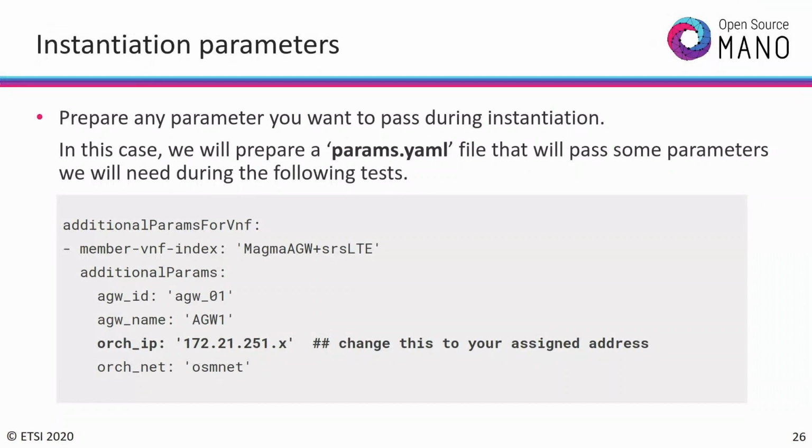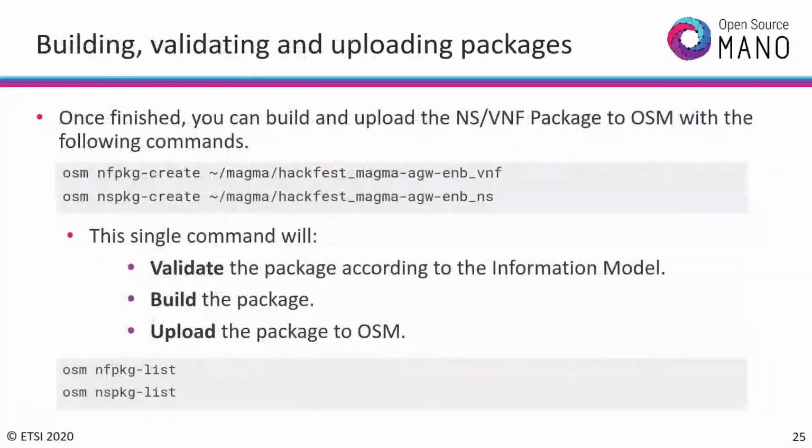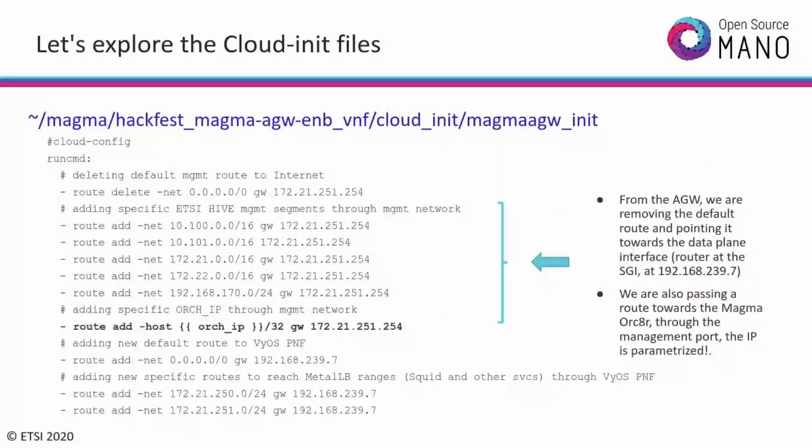Actually, we do need this, because if you see one of the Cloud-init files here, the Cloud-init file of the MACMA Access Gateway, it includes a parameter called org IP between curly brackets. And this means that it will be populated with whatever we pass to the network service at the time of instantiating it. So if you want to parameterize things in the Cloud-init file, this is the way of doing it.